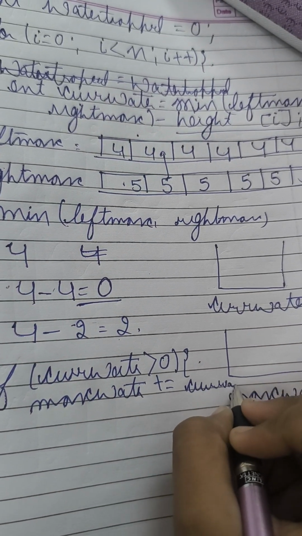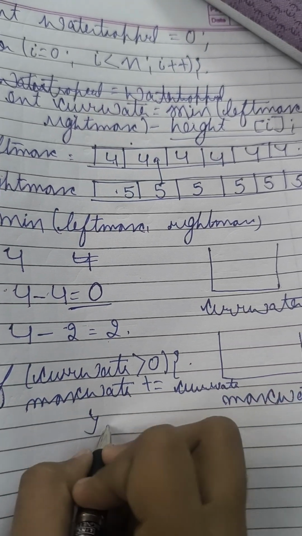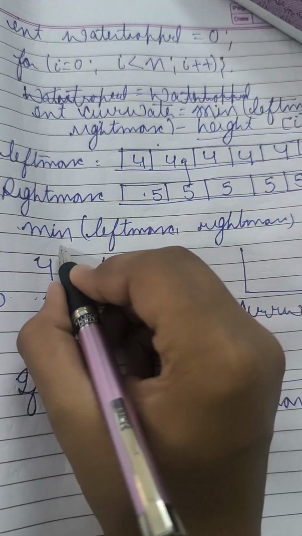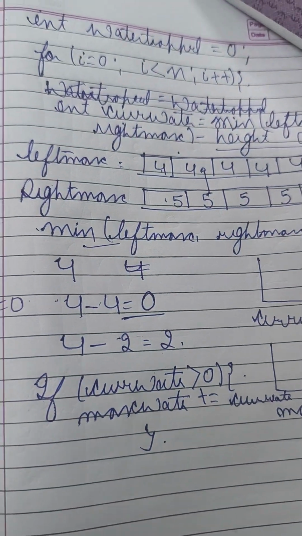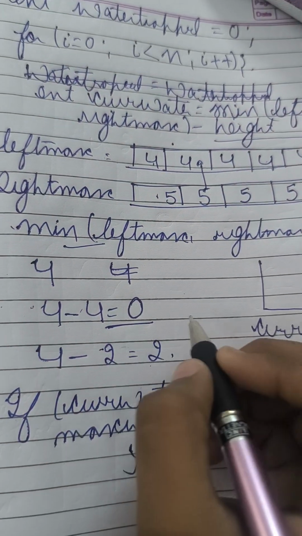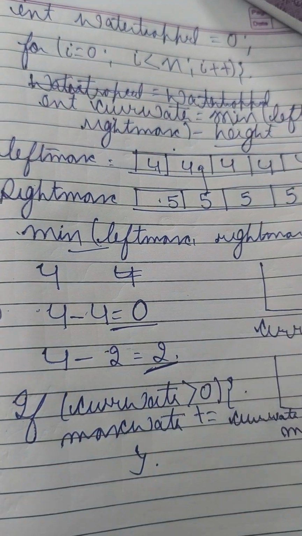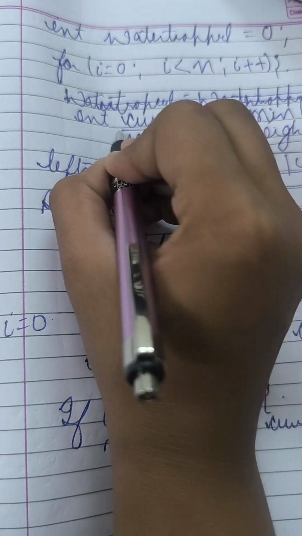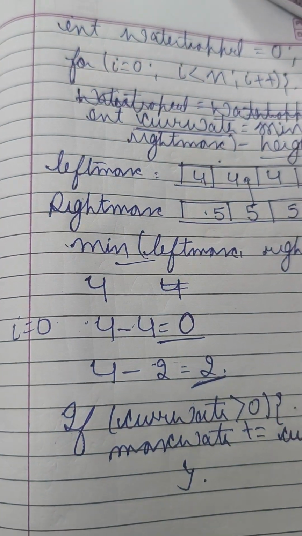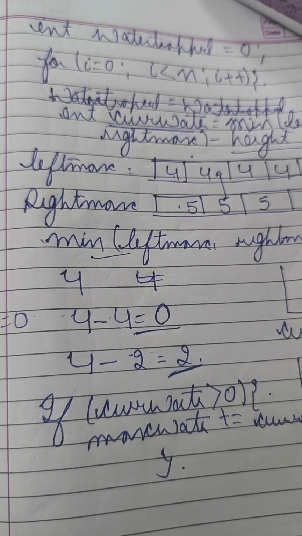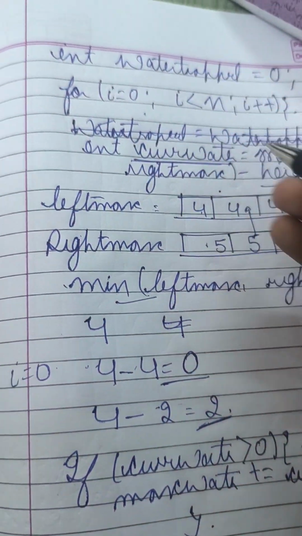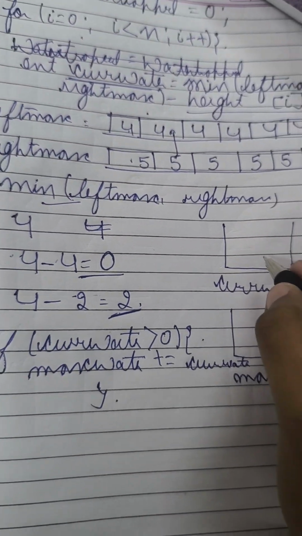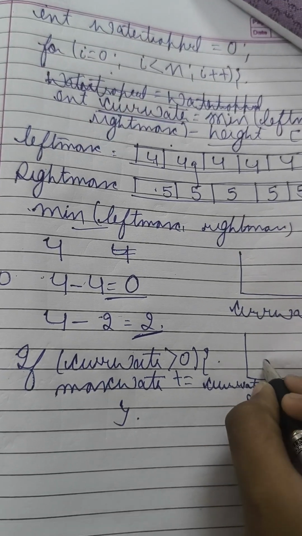I know right now you would not have got this concept, but let me explain what I did over here. First of all, I took the minimum of left max and right max, and the value we are getting, like 2, we need to store it somewhere. And current water we are declaring for every step, so every time it is going to renew its value depending upon the I which is shifting over here. So right now in the max water I'll store 0.